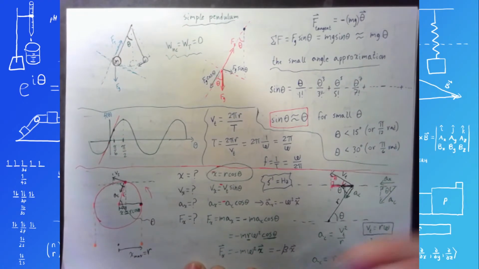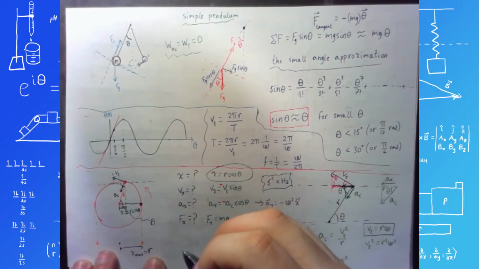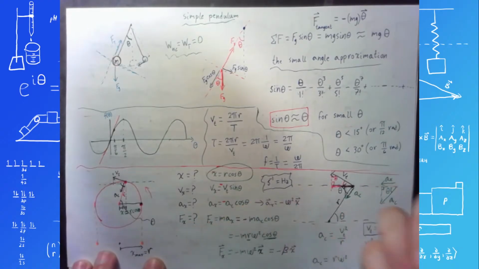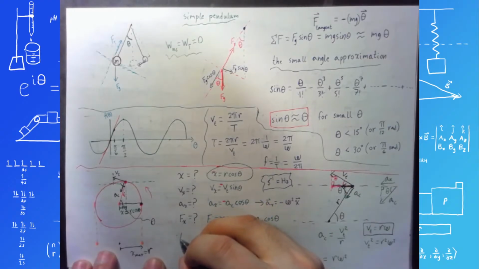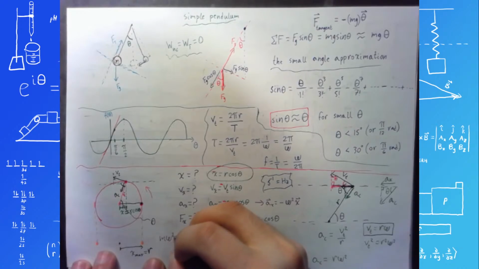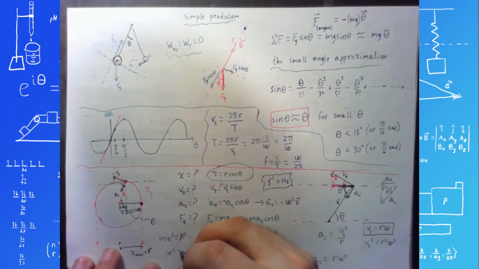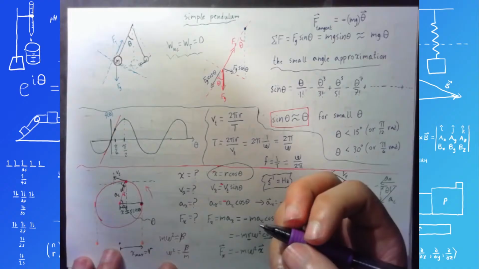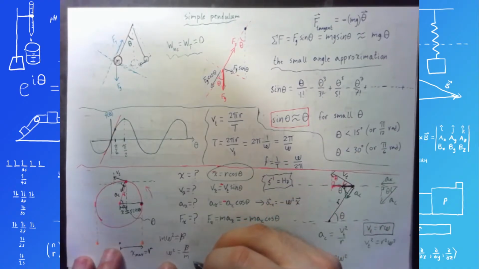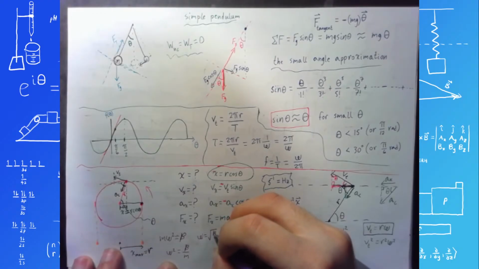So then the negatives cancel out, and beta equals m omega squared. And if I divide by m, then I get omega squared equals beta over m. And if I take the square root of that, then I get omega equals the square root of beta over m. Okay.